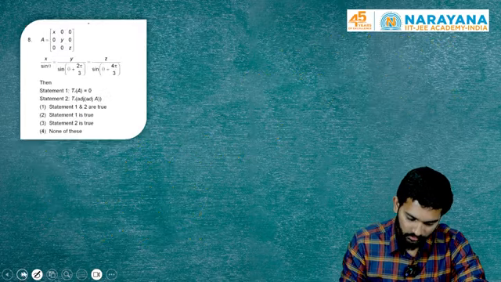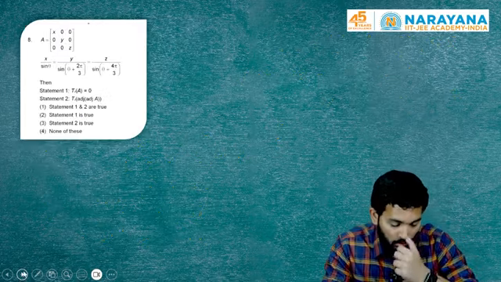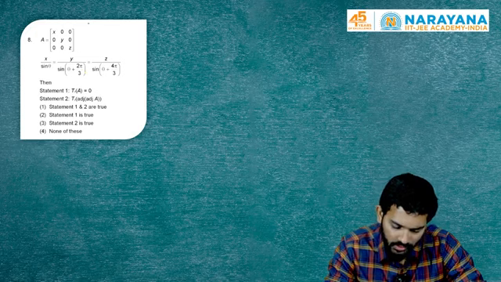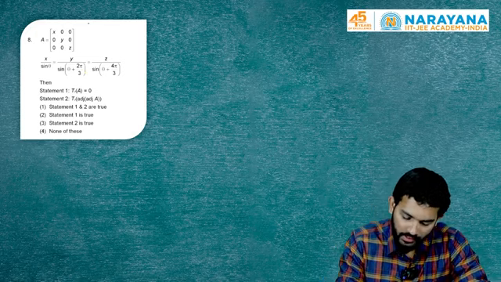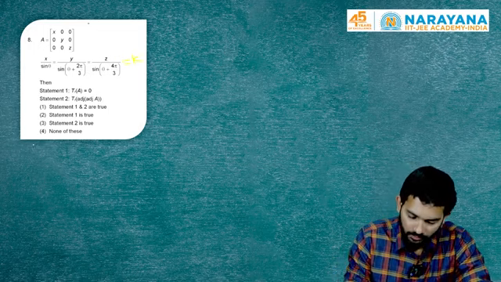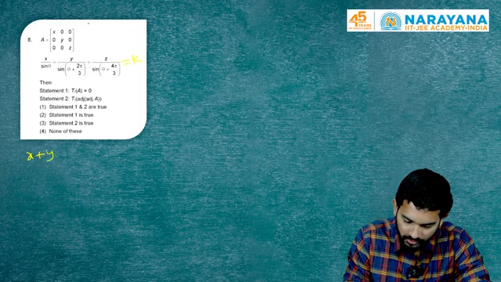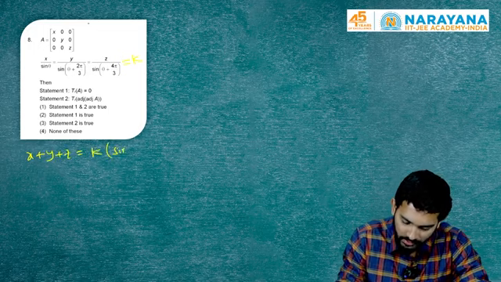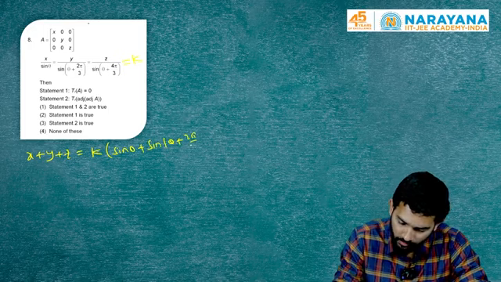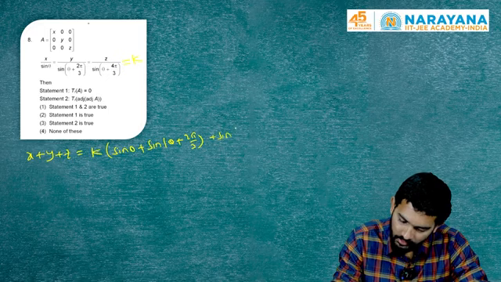Let's go to the next question. So a matrix is given and a trigonometric equation is given. He's asking trace. So if I take this entire thing equal to k, which means I'll get x plus y plus z is equal to k times (sine theta plus sine(theta plus 2 pi by 3) plus sine(theta plus 4 pi by 3)).